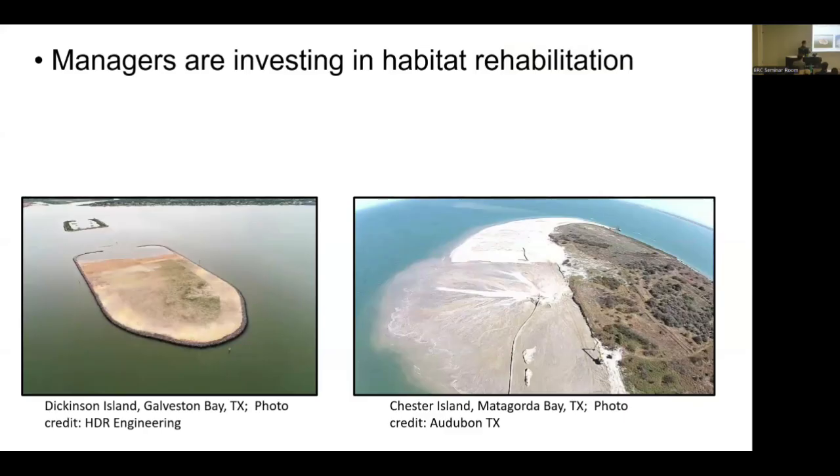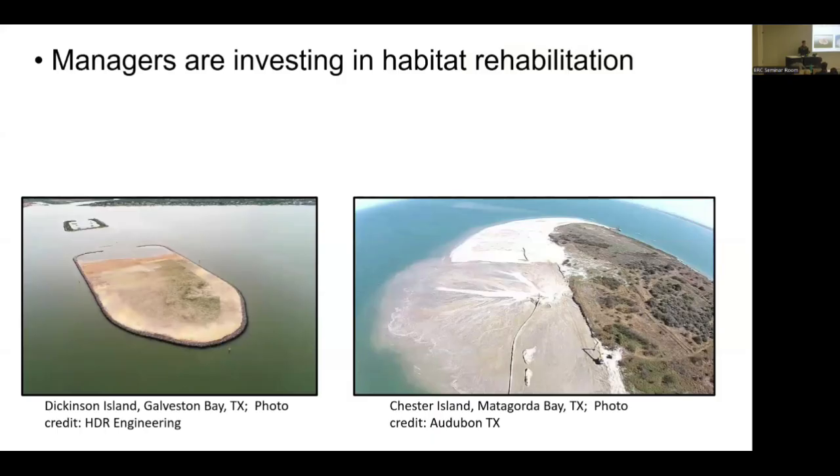So they've started to rehabilitate habitat by sometimes building new islands near where islands had previously become submerged, and sometimes by maintaining islands with dredged sediment from nearby channels, like you see in these photos. But there are too many islands and it's too expensive to do this at all of the islands. So they're really looking for ways to prioritize which islands they rehabilitate.